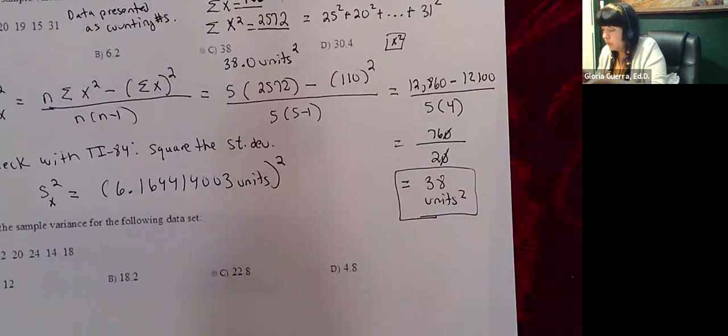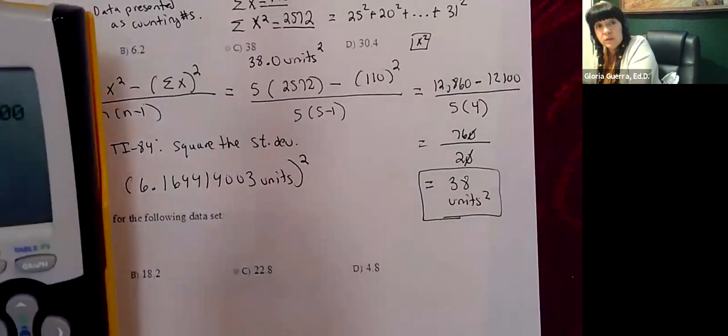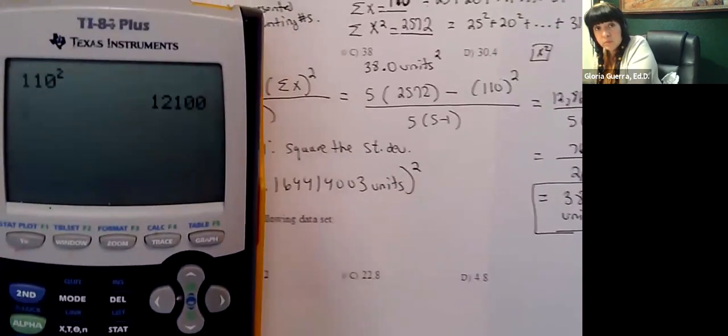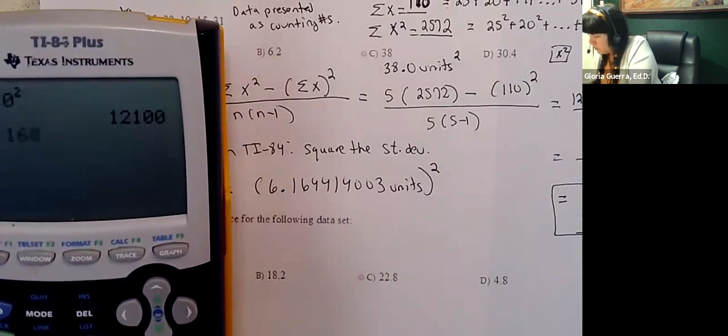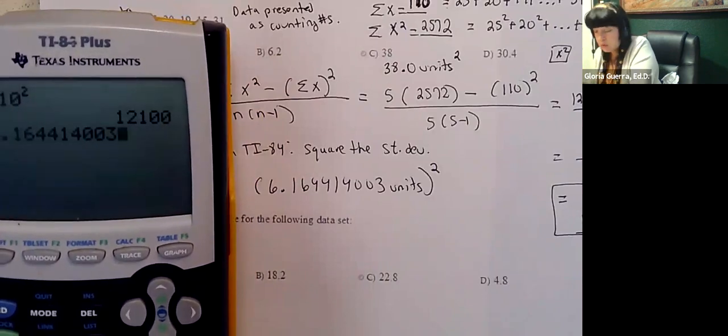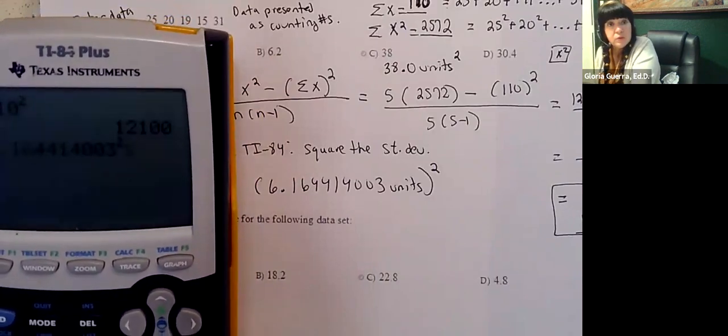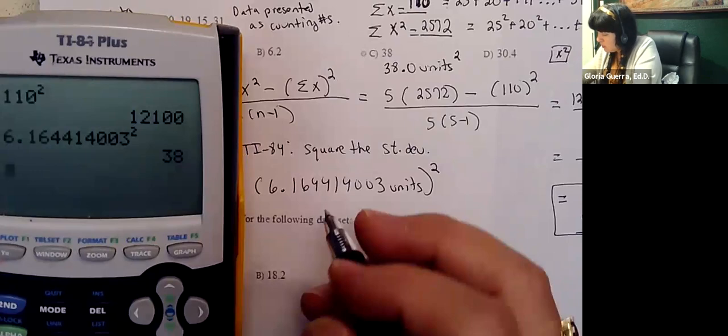So we take that and you square it, okay? So then this is 6.164414003 and then squared. Enter. And then we get 38, see?